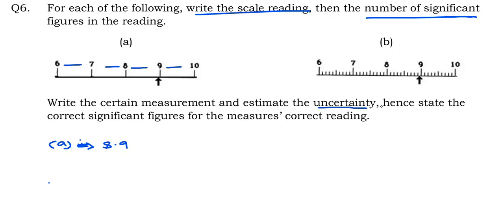Uncertainty, we are going to talk about this. This mark is between them. We are supposed to have the arrow on 9.0, but we find that our arrow there is at 8.9. That means we are going to have uncertainty.